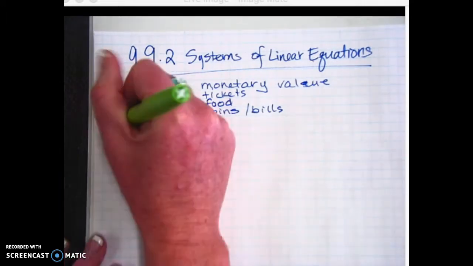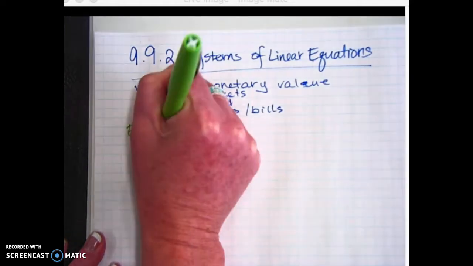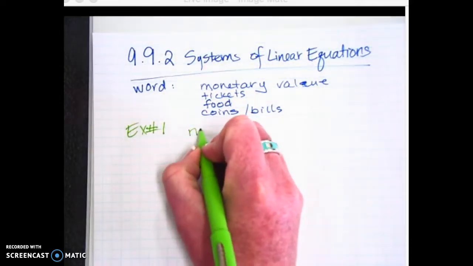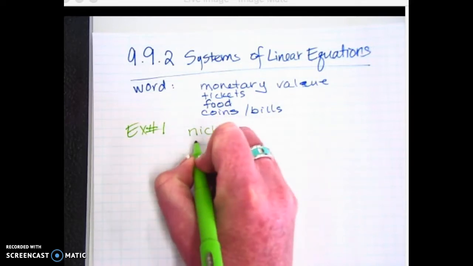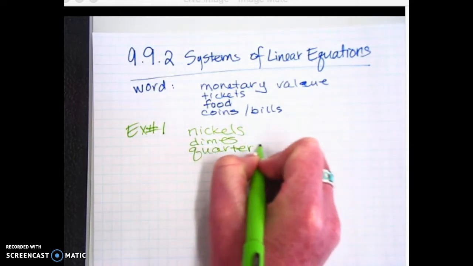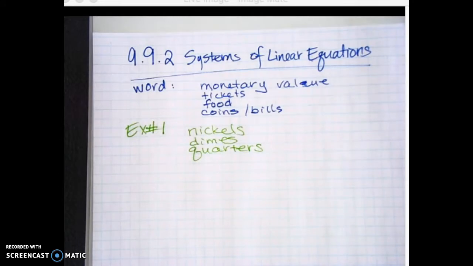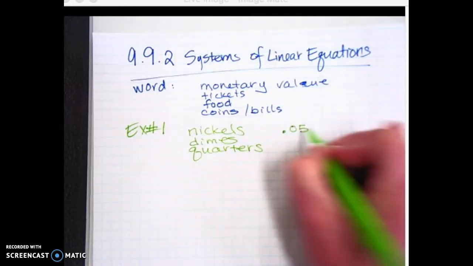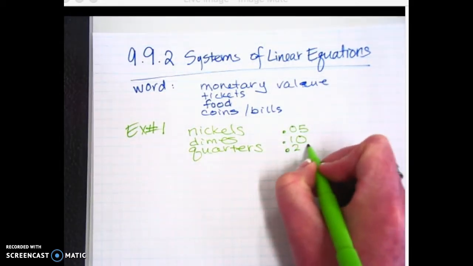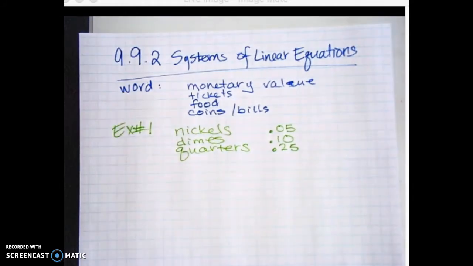I'm just going to jump into an example here, and it's going to say something like, you have some nickels, you have some dimes, and you have some quarters. You can write the value of each of these as 0.05 for nickel, 0.10 for dimes, or 0.25 for quarters.